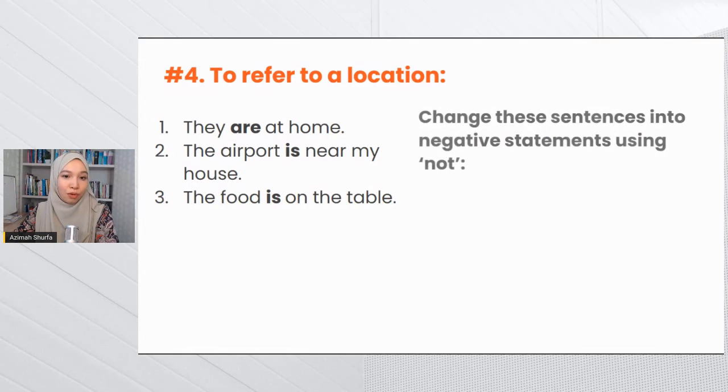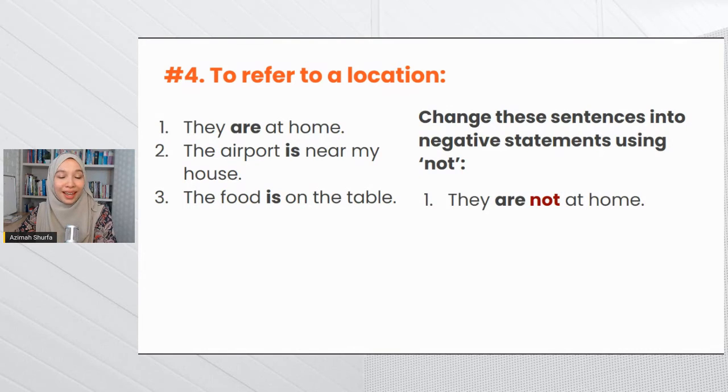Now, I want you to change these sentences into negative statements using not. How do we do that? Simply put not after the be verb.